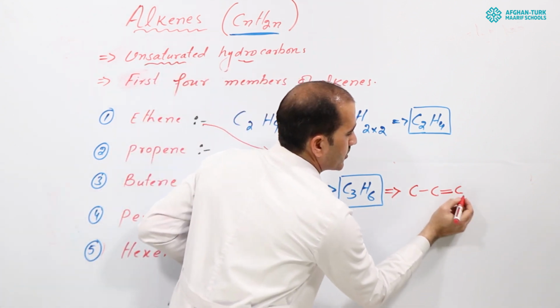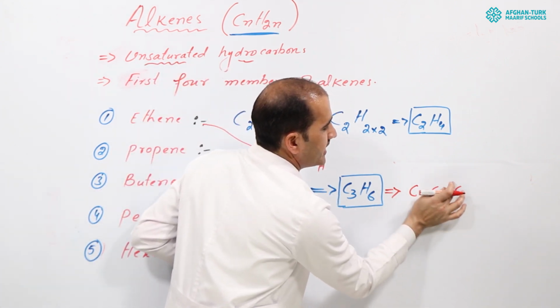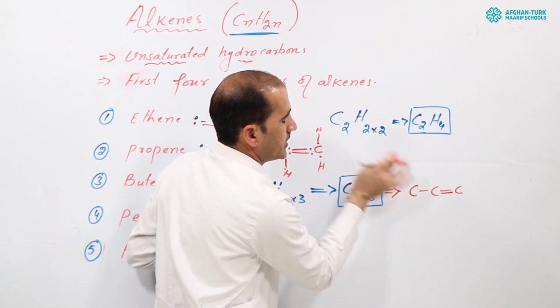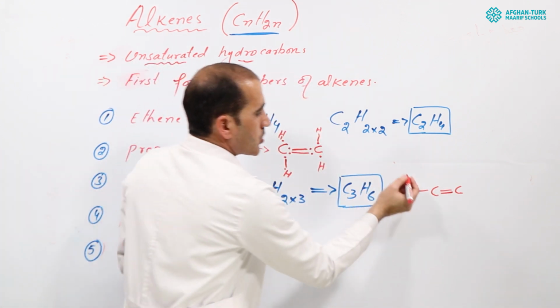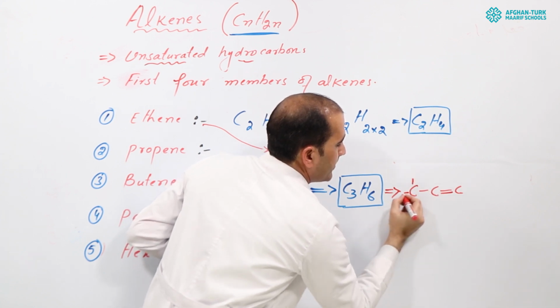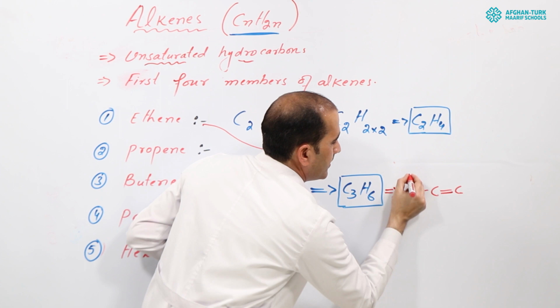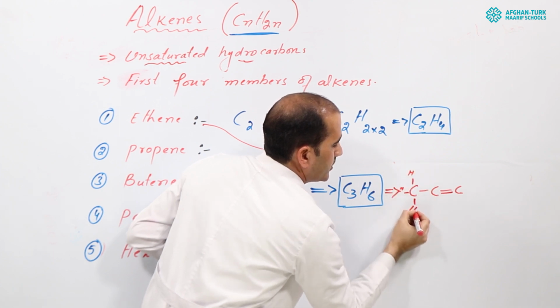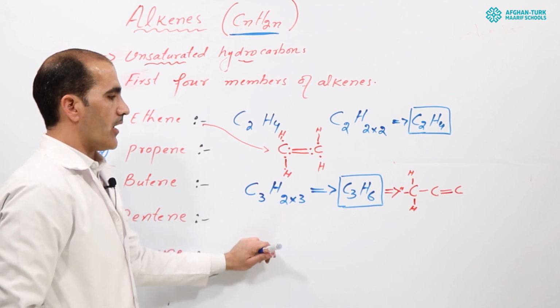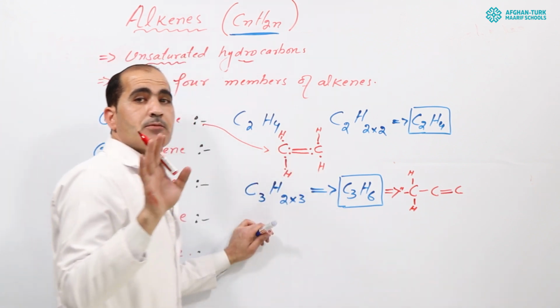Continue with the hydrogen atoms. Look here, how many hydrogen atoms are needed for each carbon? Here we need 3 hydrogen atoms for that carbon to become stable.